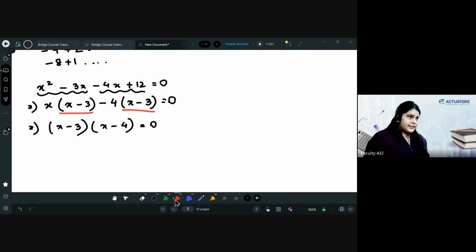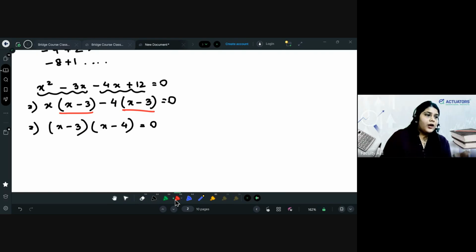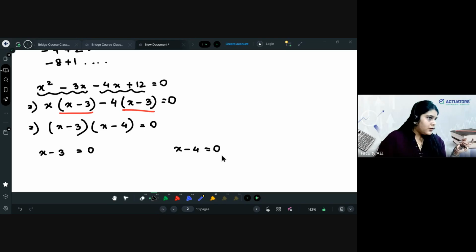Now, after this step, if I'm saying the product of two things is 0, one of them has to be 0. It could be either of them. So it could be x minus 3 is equal to 0, or x minus 4 is equal to 0. And these are the two roots or the two zeros of the quadratic.